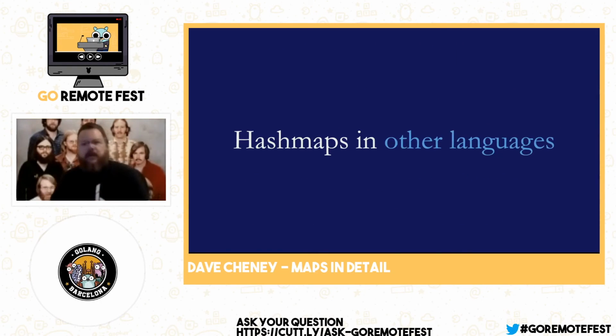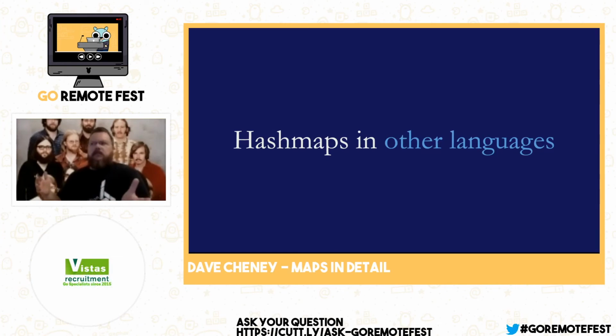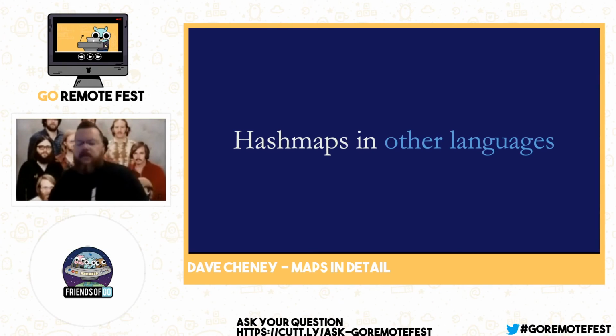Now, before we talk about the way that Go implements a hash map, I want to give a brief overview of 2 popular languages, which I consider not direct competitors, but they're certainly contemporaries. They're compiled, they're targeted at the same space. If you look into Go's history, they were in use in Google at the same time that Go was invented.